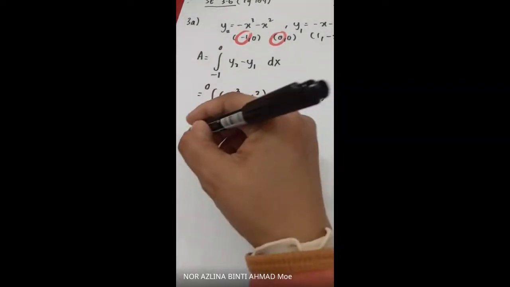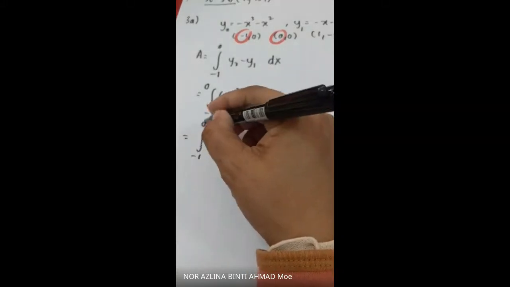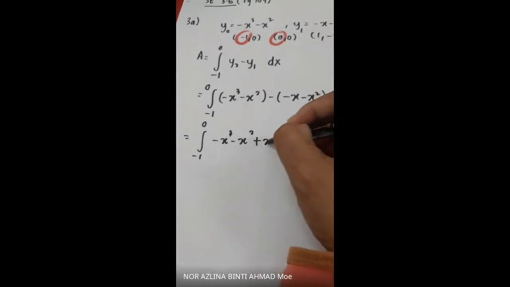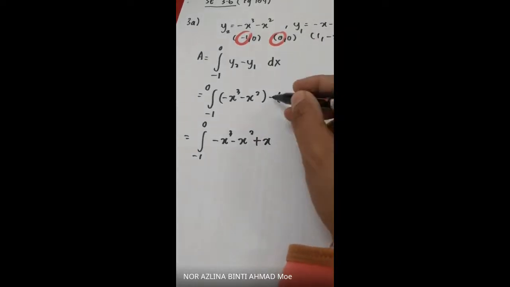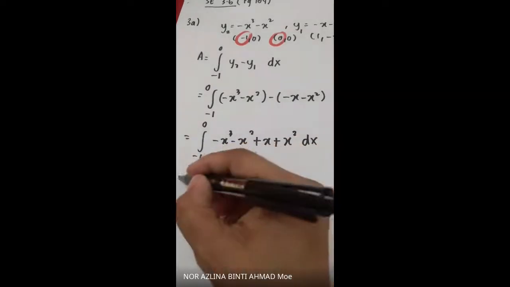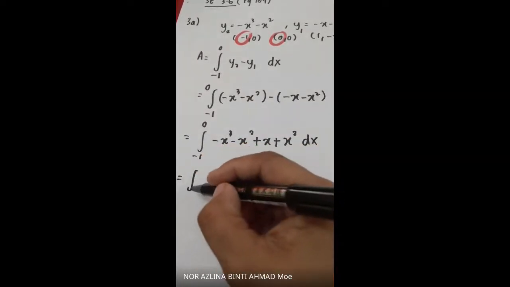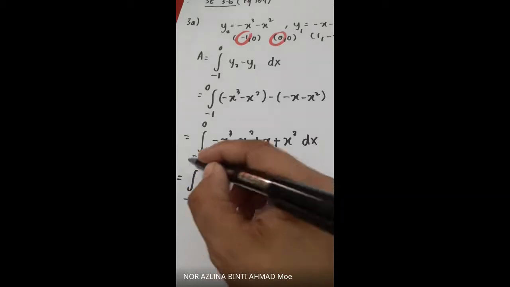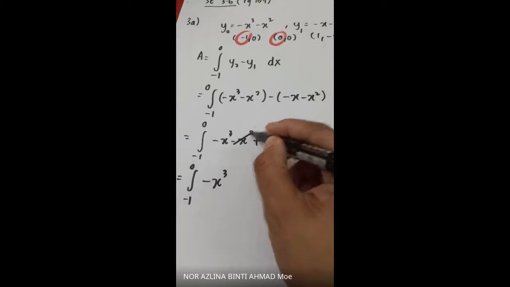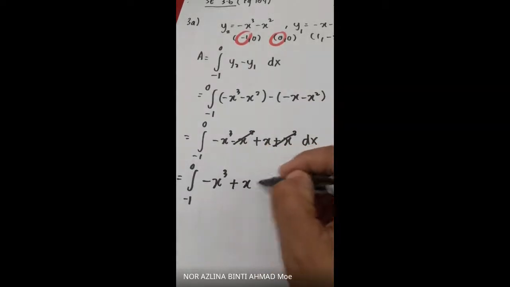Okay. And this is equal to, from negative 1 until 0, we simplify the signs, negative negative becomes positive. So dx. So this is equal to the integration from negative 1 until 0 of negative x cubed plus x dx.